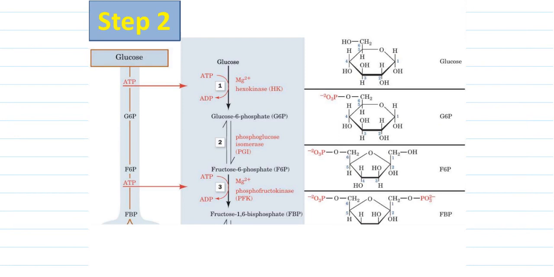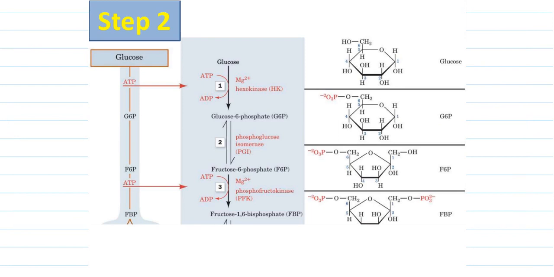Ultimately that results in the formation of fructose 1,6 bisphosphate, which is then cleaved into two equal parts, that is two parts consisting of 3 carbon triose phosphates.